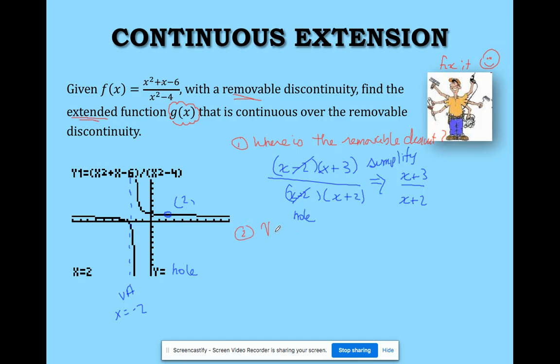Step 2, find the height of the hole. The y value of the hole using the simplified function.